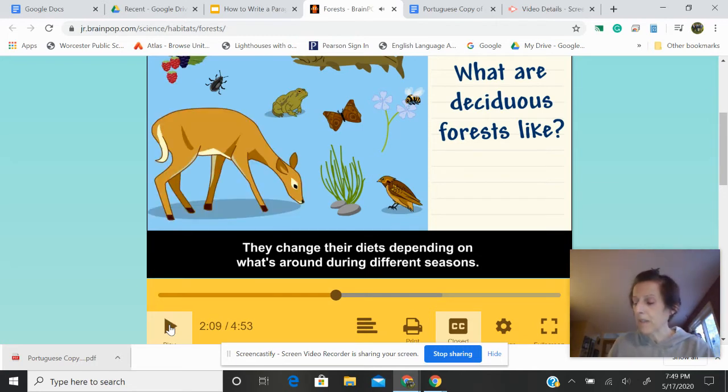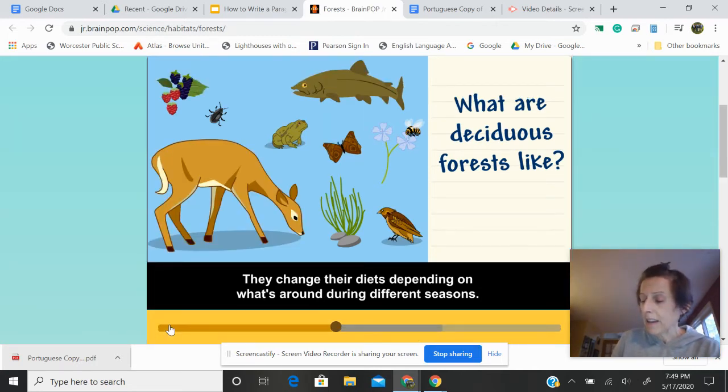Okay, I'm going to stop it right there because they're talking about one animal, which is the brown bear. So I'm going to make a note to myself, brown bear. And I'm going to write change diet depending on what's around.